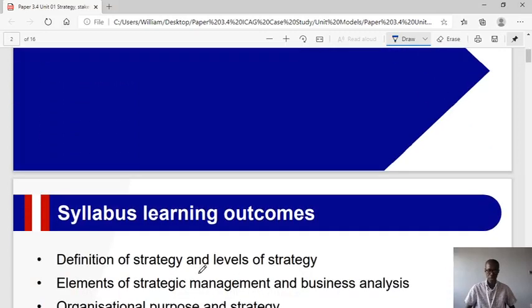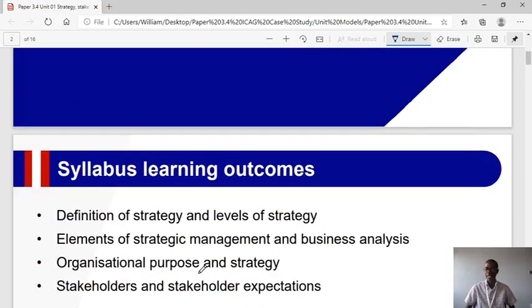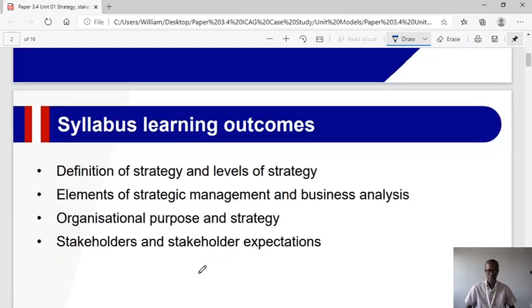Now let's begin by looking at the syllabus learning outcomes. We will be looking at the definition of strategy and levels of strategy. We'll then go on to look at elements of strategic management and business analysis.